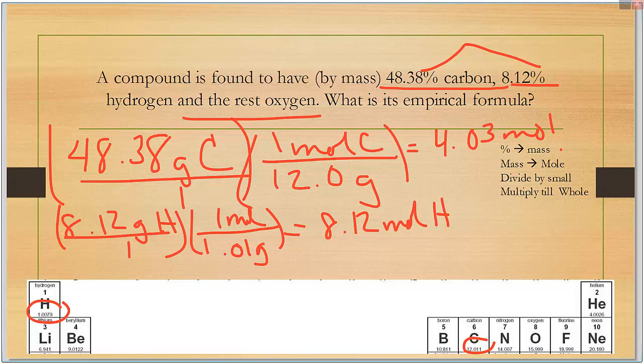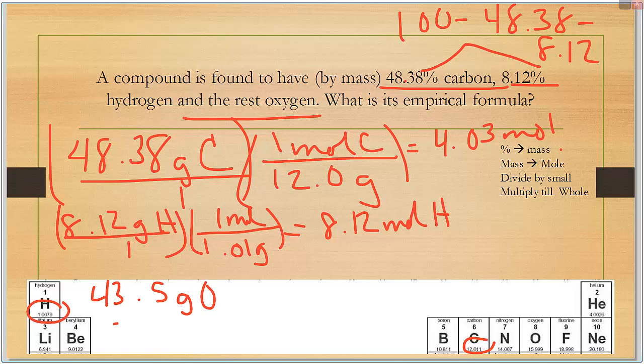So 100 minus 48.38 minus 8.12 tells us we're going to have 43.5 grams of oxygen. That's how you figure out how much oxygen you have. Now we do percent to mass, mass to mole, 16.0 grams, 1 mole. That comes out to be 2.72.